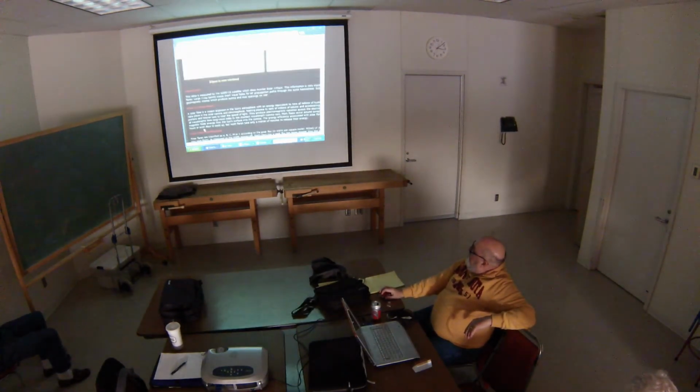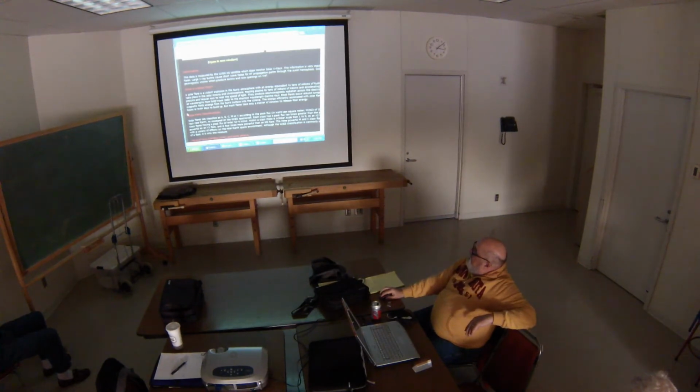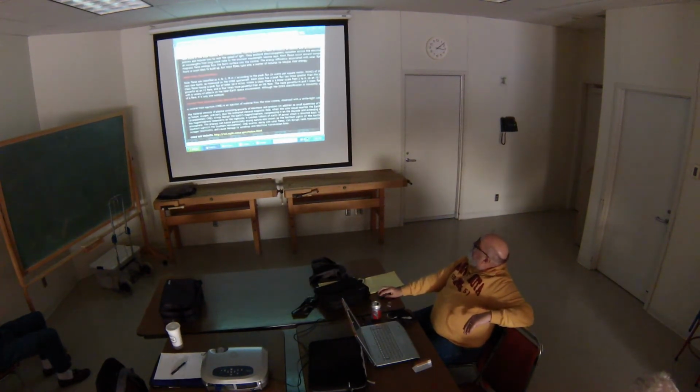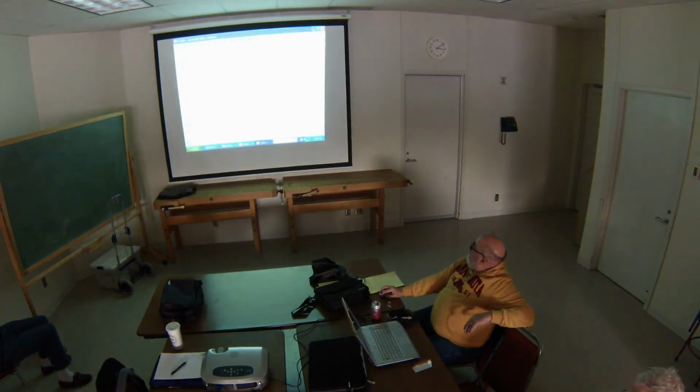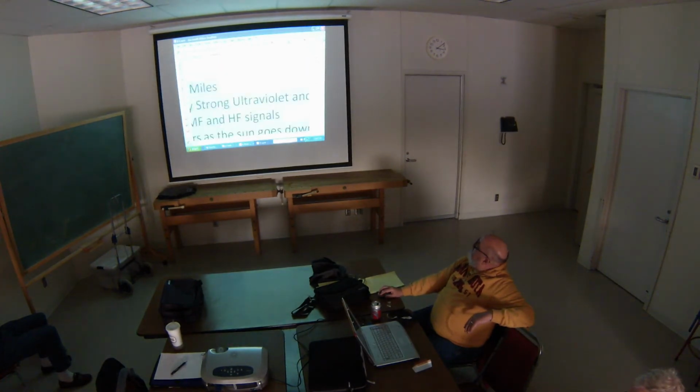Let's see. You can get all kinds of data about solar flares. Let's see if I got anything else interesting to show you. But then the D layer is up there about 54 miles. Let's bring this back down maybe size there.